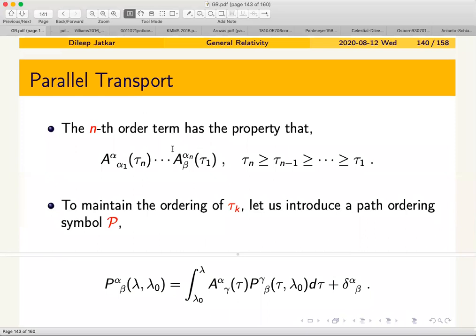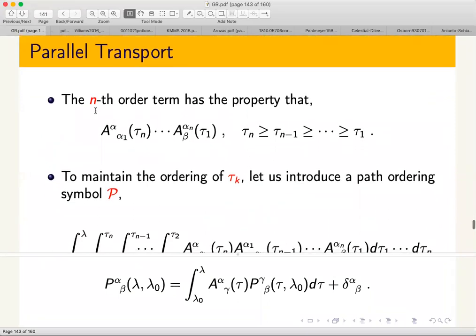But anyway, the nth order term has a property that the tau parameters are ordered in a particular fashion, which is what I meant by saying that they span only half the space, which would have been allowed if you take two parameters. If you take n parameters, then it spans only 1 over n factorial part of the total space.